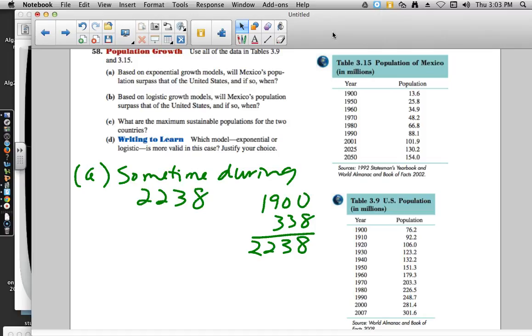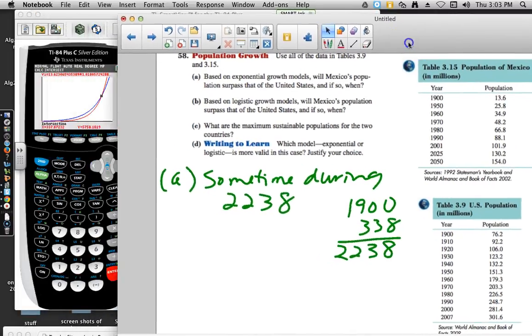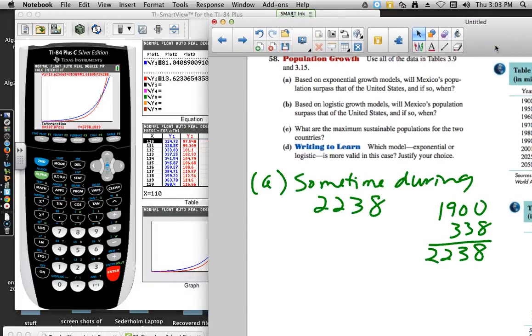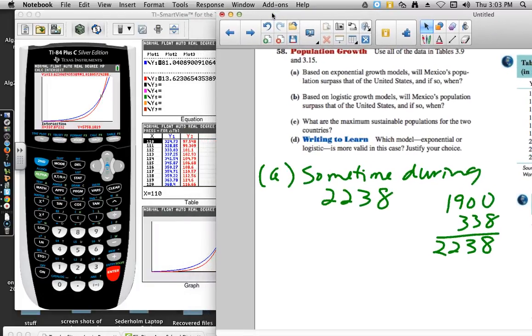B says, based on logistic growth models, will Mexico's population surpass that of the United States? And if so, when? Well, we have to go back and do logistical regression. So let's see what we get here. All the data is still in there.